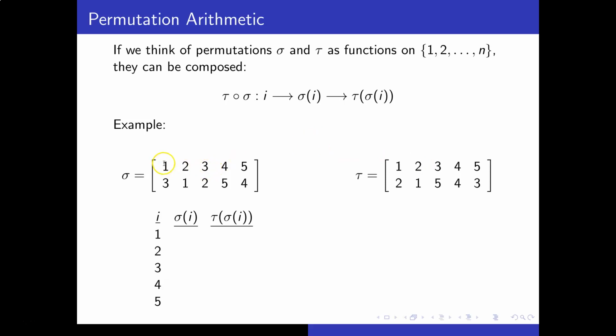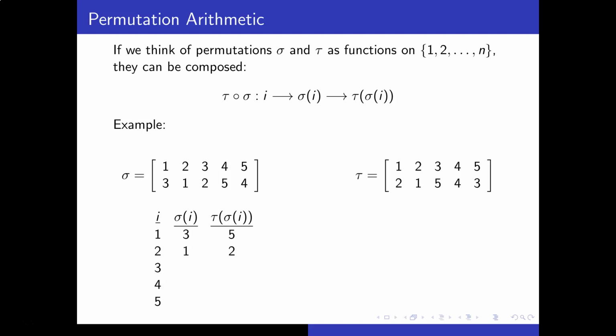For example, if I plug in i equals 1, sigma gets me 3. I then plug 3 into tau and I get 5. So tau composed sigma of 1 is 5. When I do that with 2, 2 goes to 1, I plug 1 into tau, and I get 2 again.